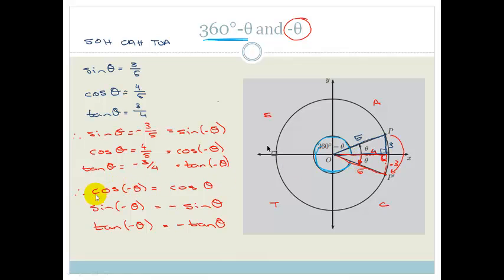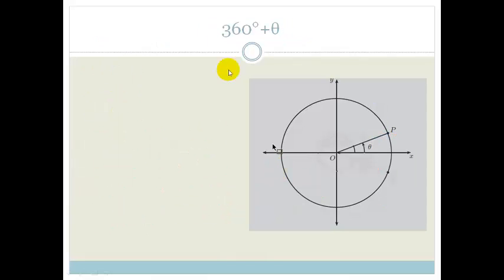So cos of minus theta, sine of minus theta, tan of minus theta is exactly the same as saying cos of 360 minus theta, sine of 360 minus theta, and tan of 360 minus theta, which is why I put it on the same slide.